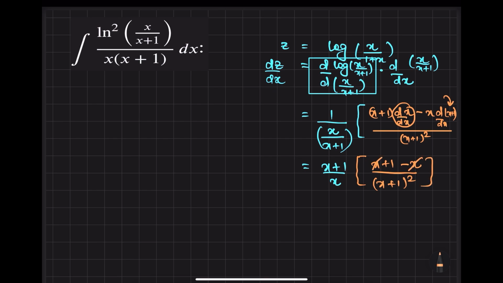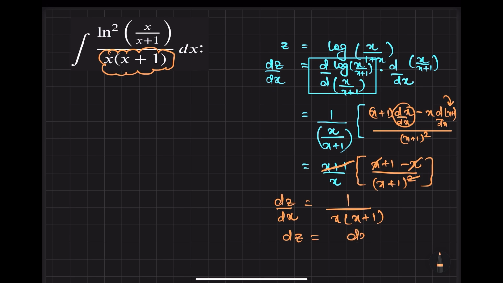This x plus 1 will be neutralized by this component, and we will be left with x into x plus 1. Look at that thing. So we have dz by dx as this thing. So can I write that dz is equal to dx by x times x plus 1?